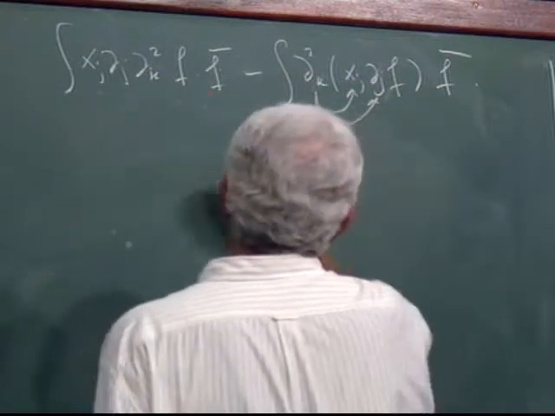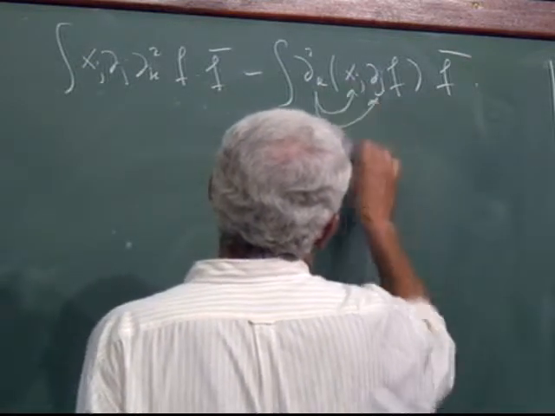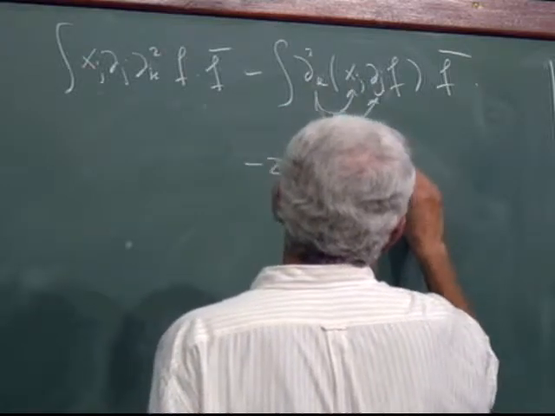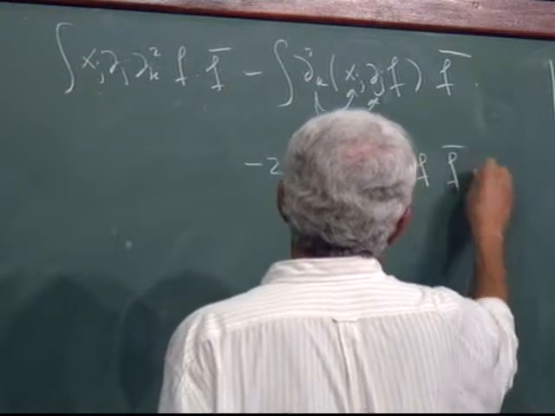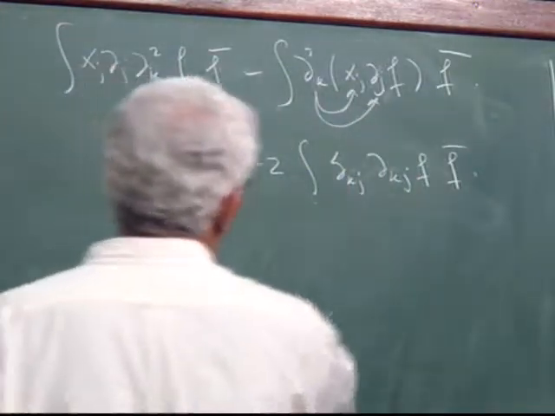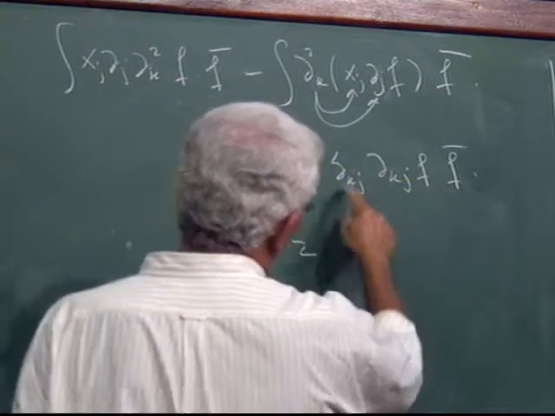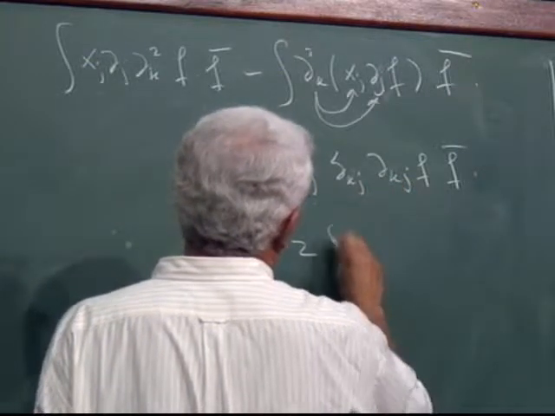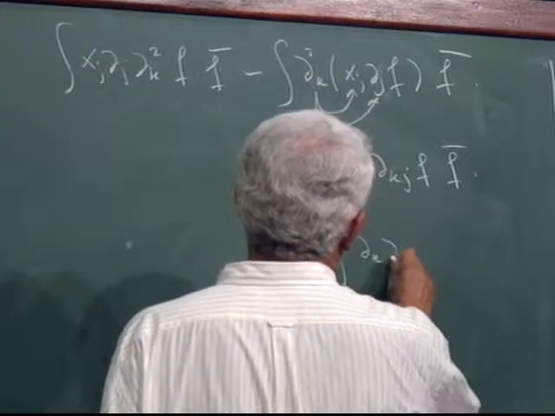Therefore, the only thing that you're going to pick up is minus twice one derivative here, dxj, one derivative here, dj dk of f. This is what you get. And this is equal to minus twice. Then this is only applied when these two are equal. Then you have twice dx dx.